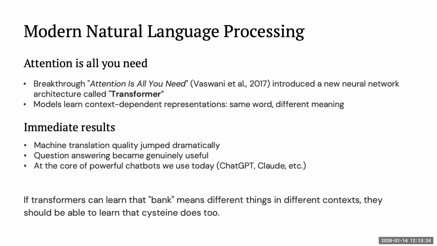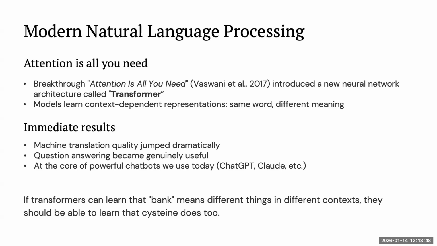The takeaway message from that paper is that there is a way to encode, in this new model architecture, a context-dependent value of a word. This simple proposition completely changed how we do modern natural language processing.